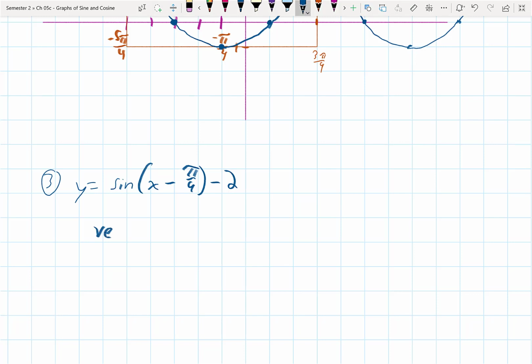My vertical stretch is just 1. There is no vertical stretch beyond just up 1 and down 1. My horizontal, or my period, is 2 pi over 1, or 2 pi.